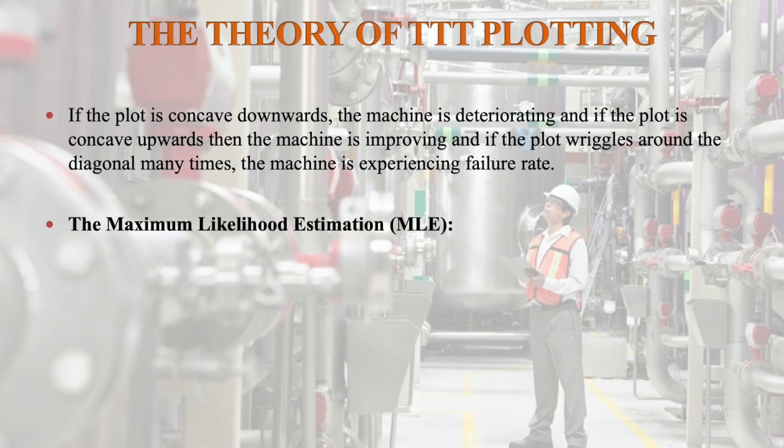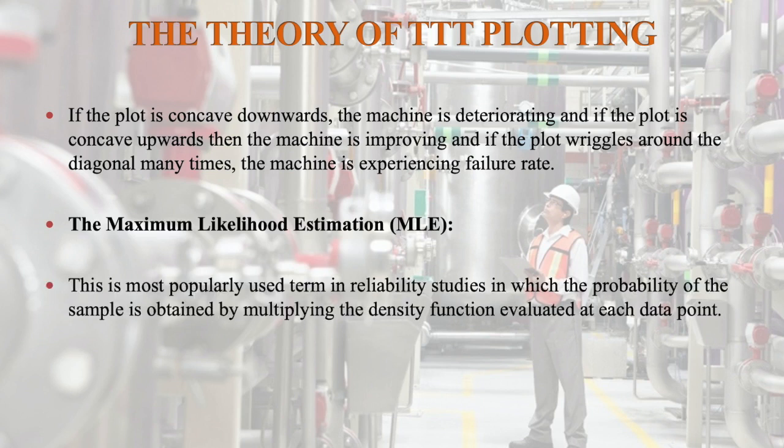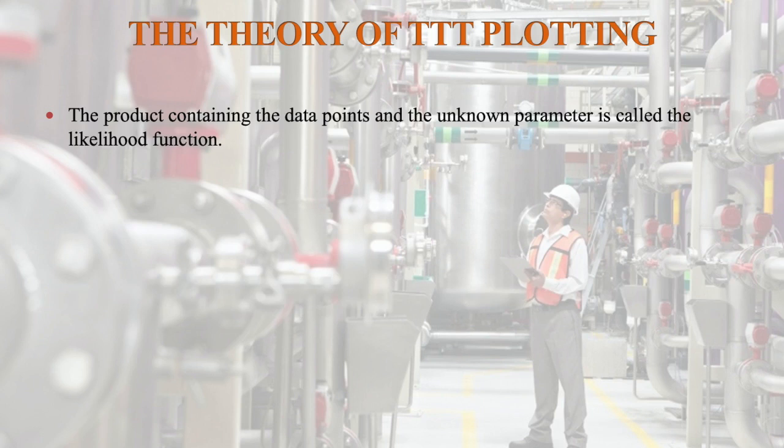The maximum likelihood estimate, the most popularly used term in reliability studies, is one in which the probability of the sample is obtained by multiplying the density function evaluated at each data point. The product containing the data points and the unknown parameter is called the likelihood function.